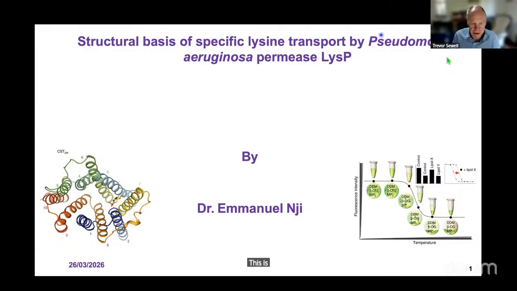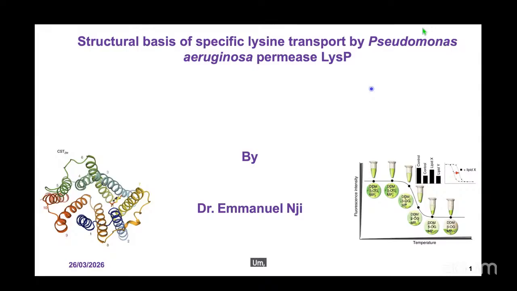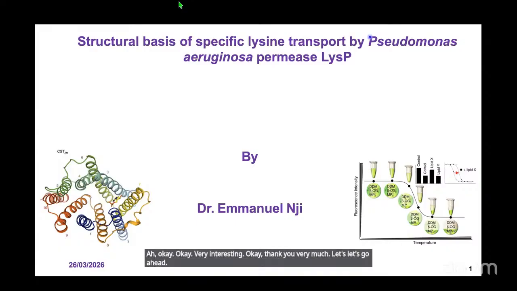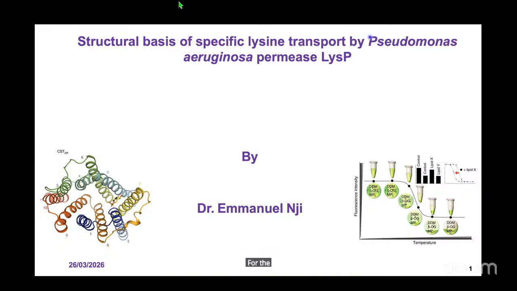Is this work that you've done in Diamond, Emmanuel? Partly Diamond, and I also did some cryo-EM work in Sweden. Okay, very interesting. Let's go ahead. Yeah, thanks, Trevor, for the introduction.